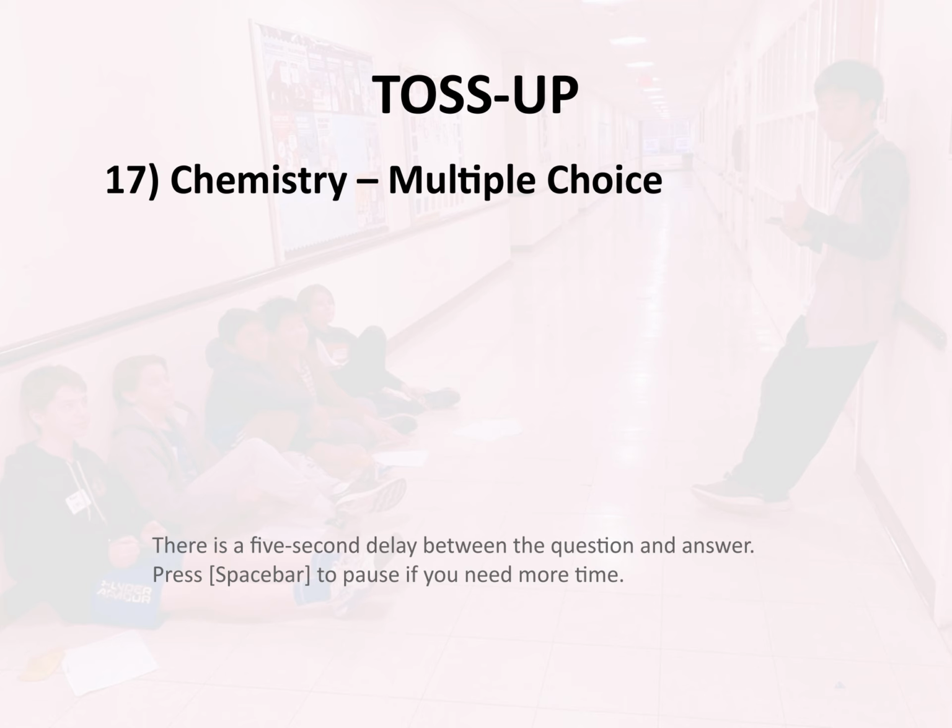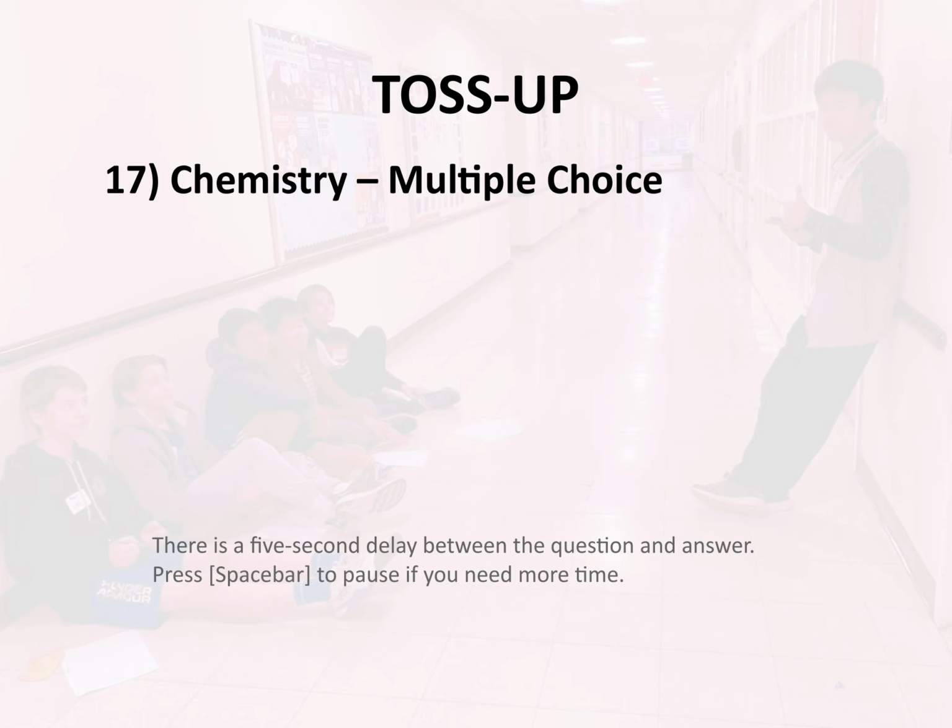Toss-up 17. Chemistry, multiple choice. Consider the reaction of 2 moles of hydrogen gas and 1 mole of oxygen gas to generate 2 moles of steam. Which of the following statements is true?